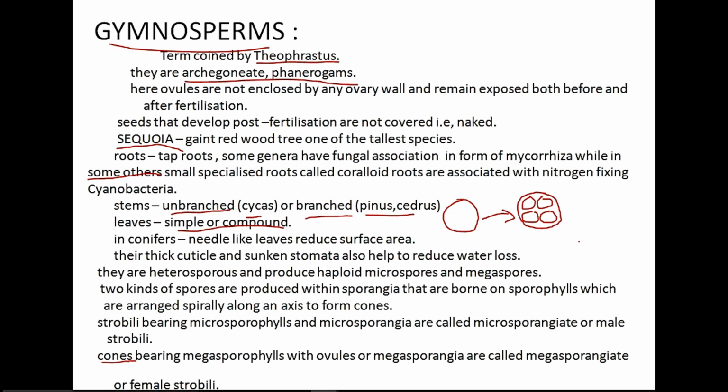Cycas has 2 to 6 archegonia, whereas archegonia are absent in Gnetum. Here the ovule consists of a nucellus plus integument.